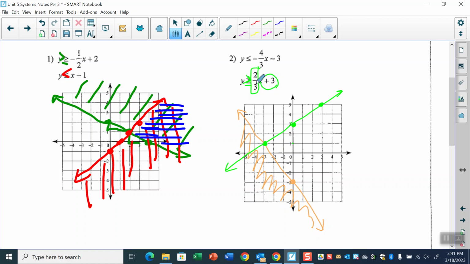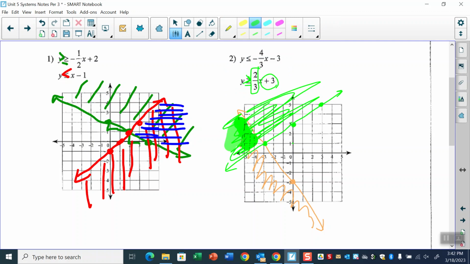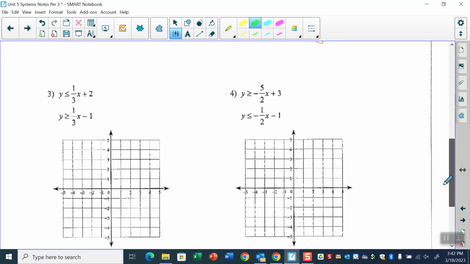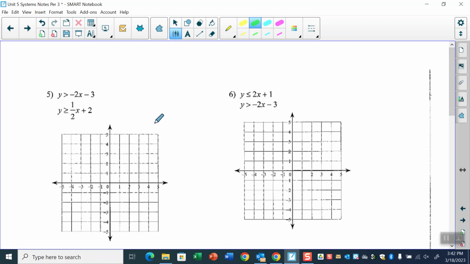And greater than means you shade above. And then the solution is going to be where they're both shaded. Right here is where they're both shaded. So that is the solution. And we're just going to practice these. Go ahead and finish those, page 24. Make sure you can do them all.